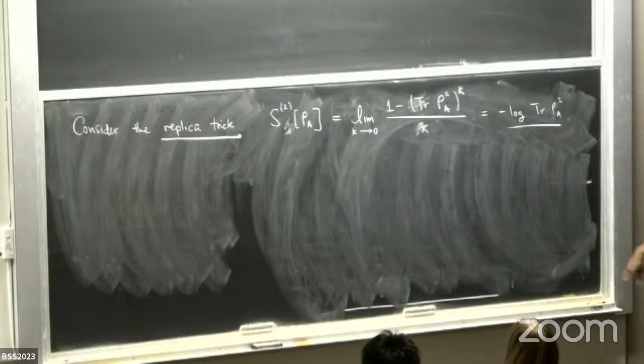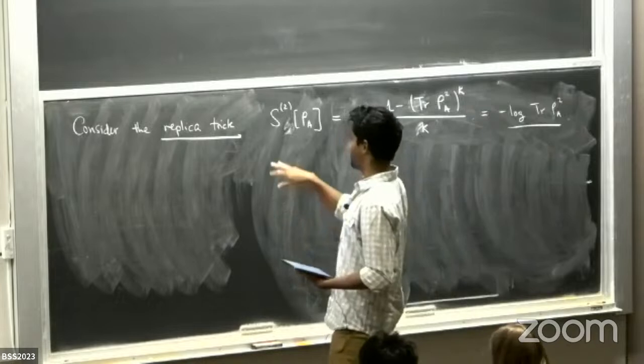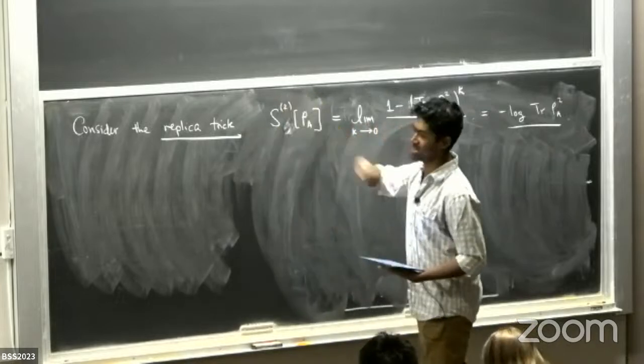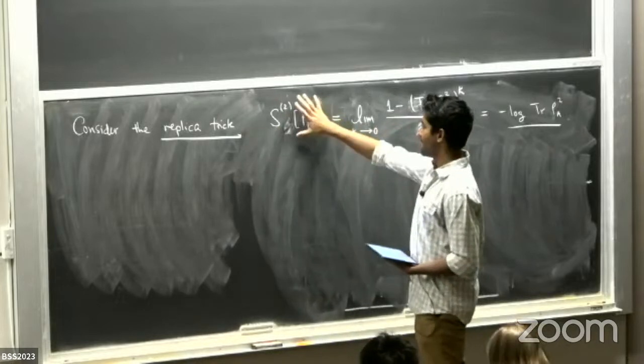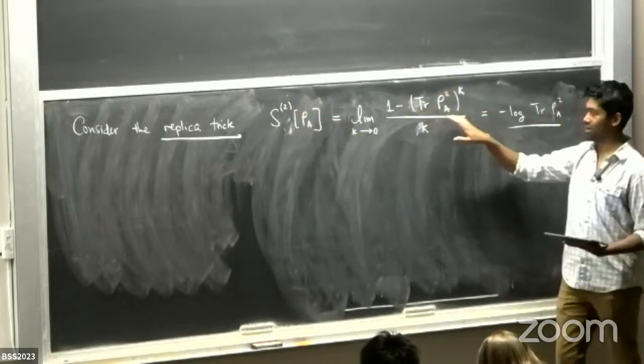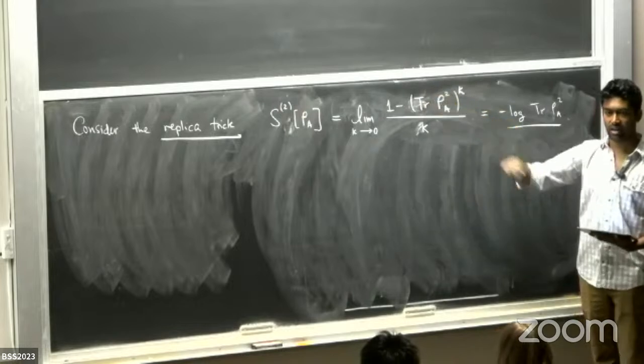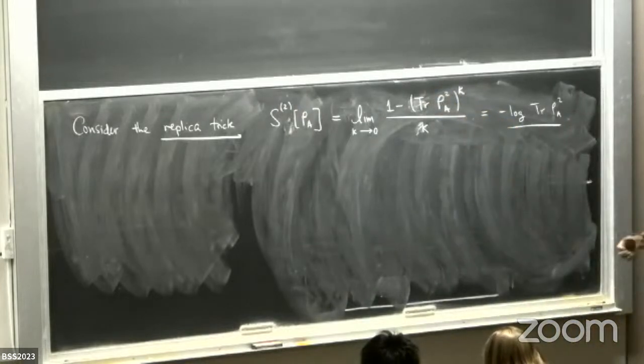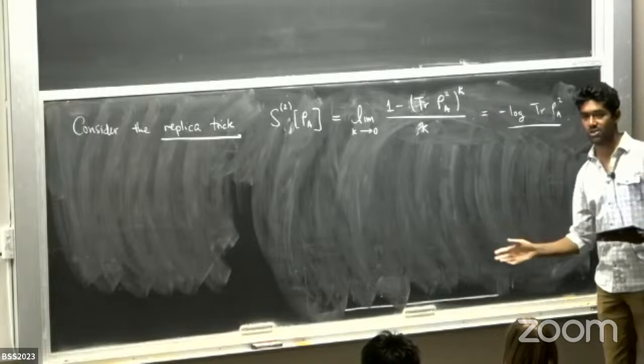So what we want to do now at least, is to figure out what the Haar average of this looks like, right? And if I calculate the Haar average of this quantity by the replica trick, I really need to calculate the Haar average of this guy over here, right? And when I do that, I'm going to obtain many more than the 4 unitaries we had before.